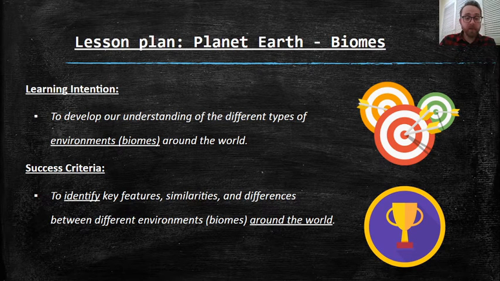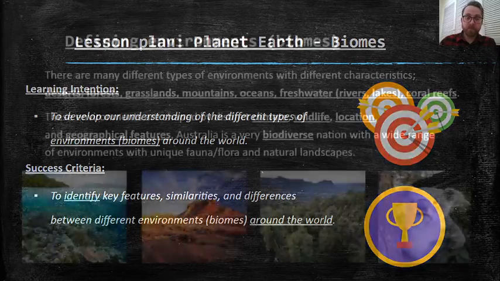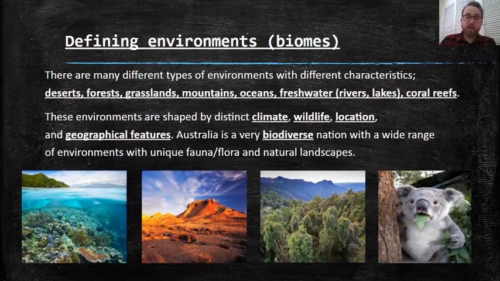Success criteria is to identify the key features, the similarities and differences between different types of environments or biomes around the world. So what makes a biome different from a different biome? There are many types of environments with different characteristics. So deserts, forests, grasslands, mountains, oceans, freshwater environments or coral reefs, and all of these environments are different.